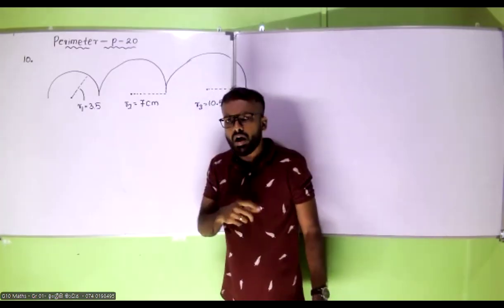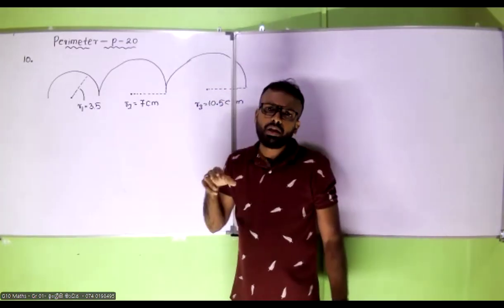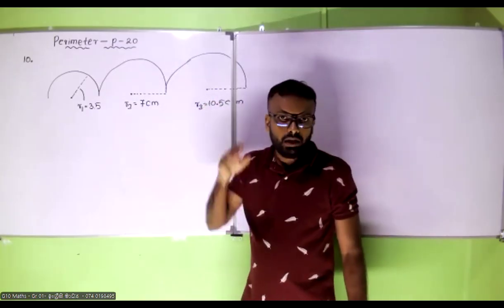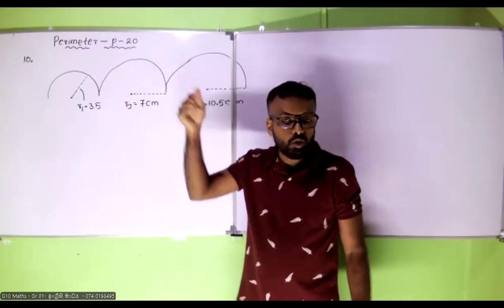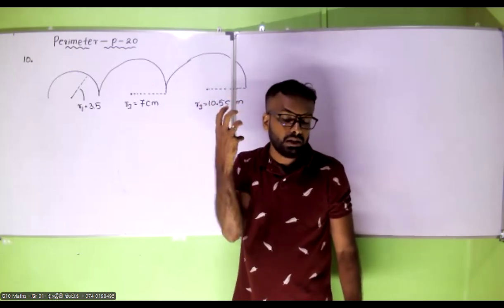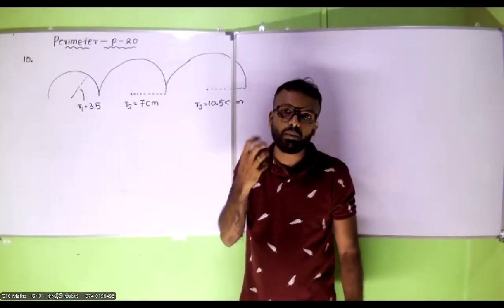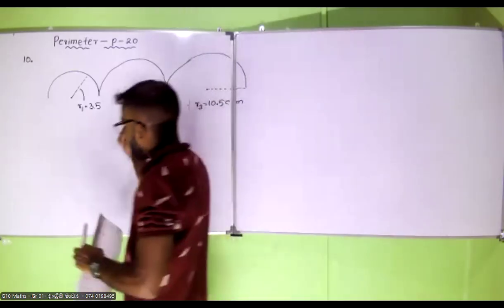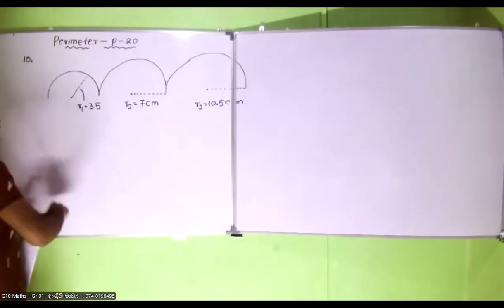So how to find the arc length? Theta divided by 360 into 2πr. So that is the basic or the fundamental thing that you need to know. Don't miss that. So I am going to apply the same theory here.